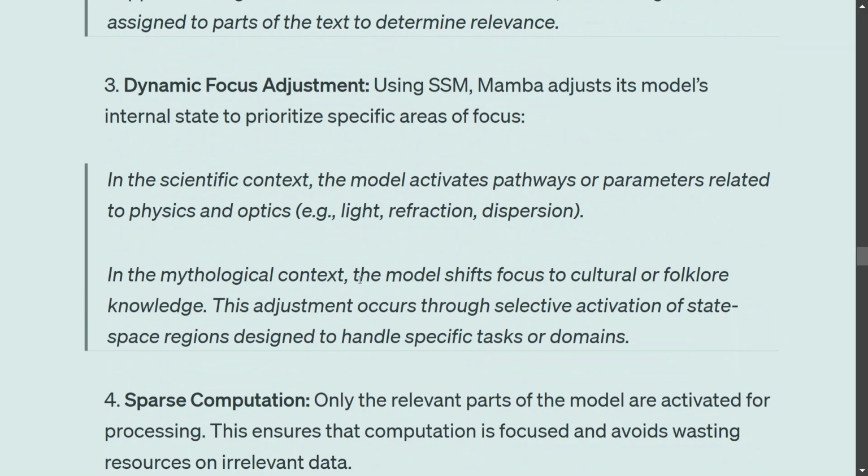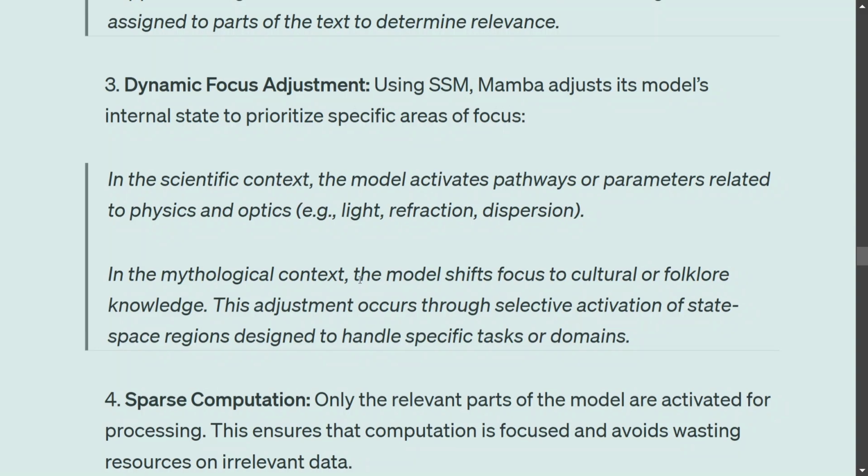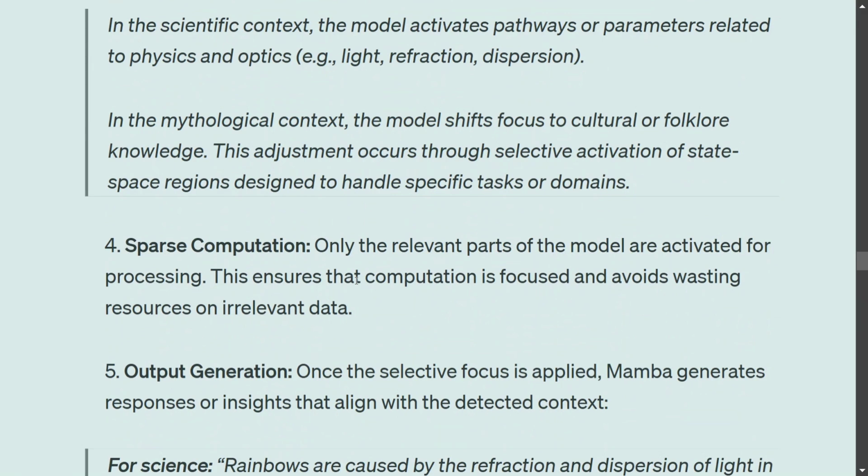And hence, it is not wasting its energy on all the different contexts that don't relate. Hence, the identification of the context in the case of SSM is making the entire difference between attention and Mamba. Sparse computation: only relevant parts of the model are activated, hence the entire model is never activated, and hence it is faster.